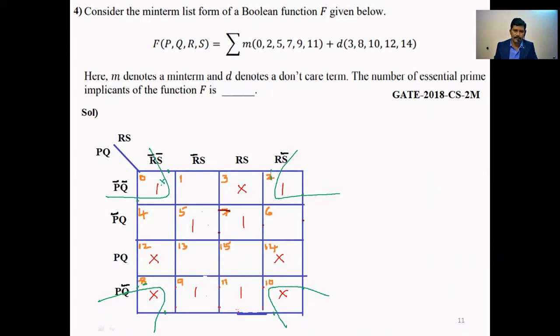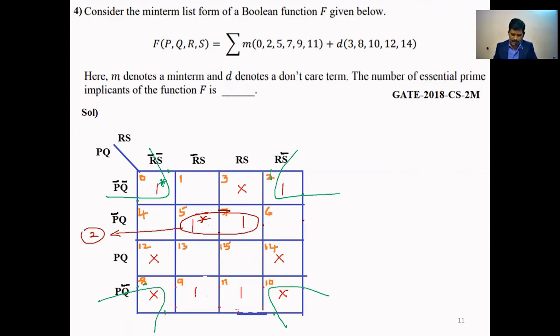You can put a star here because that is the only possible quad. Coming to cell number 5, the next minterm, we can directly group this one. This is also essential, only one possibility. So name it prime implicant number 2.